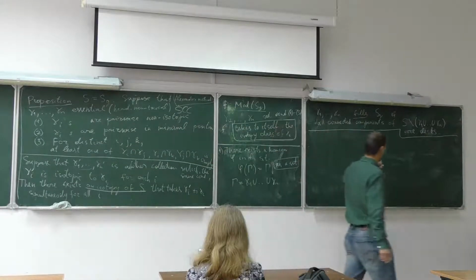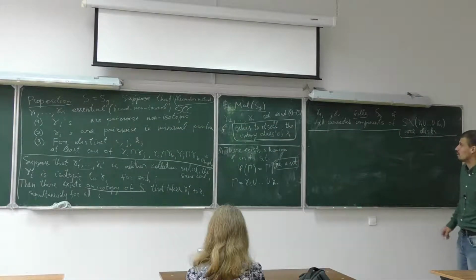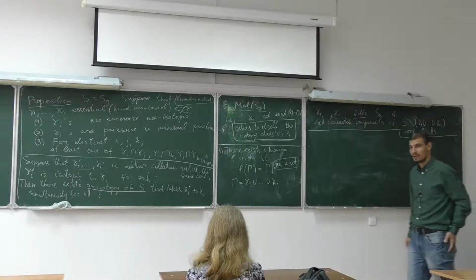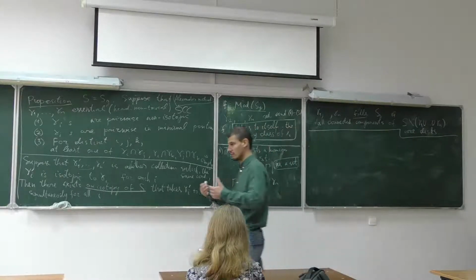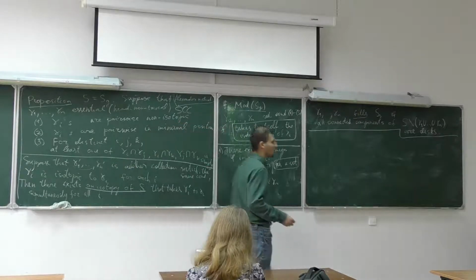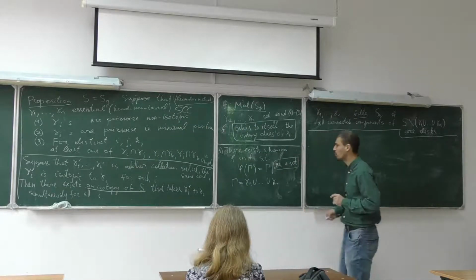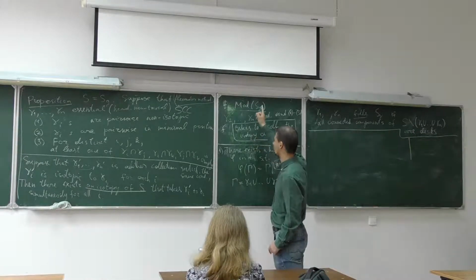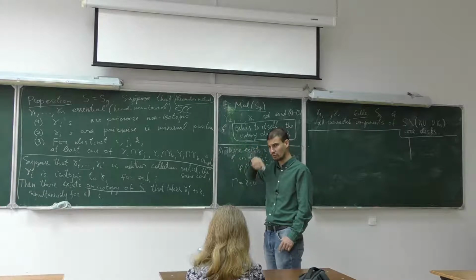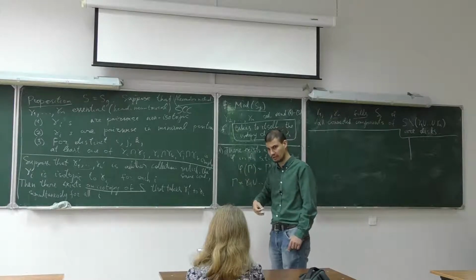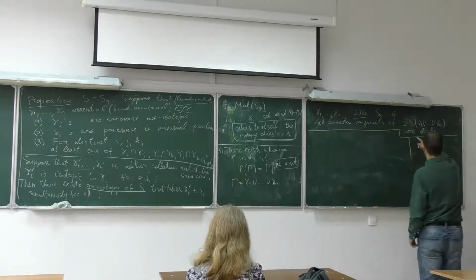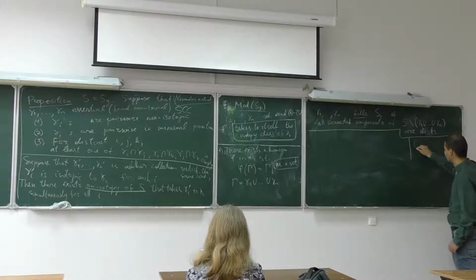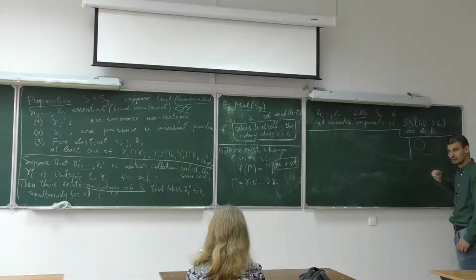But what is useful? A useful thing here is that, for a disk, we know that any homeomorphism of a disk... One important remark: if we speak not about a closed surface, but of a closed surface with marked points, then the connected components are either empty disks without marked points or disks with a single marked point.